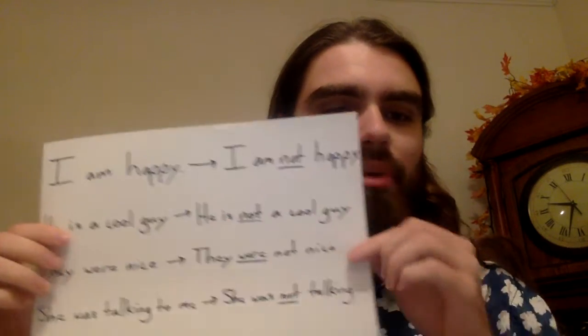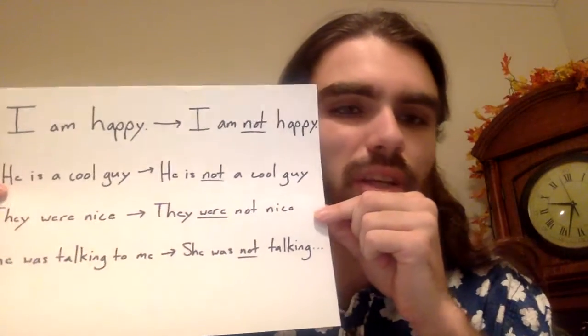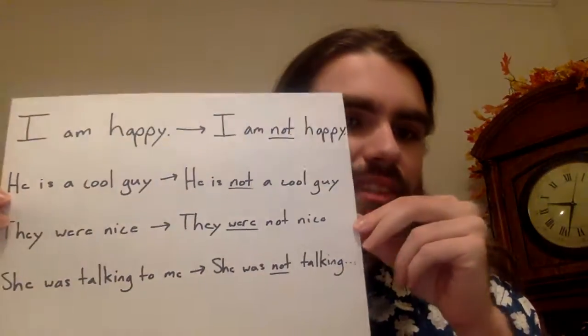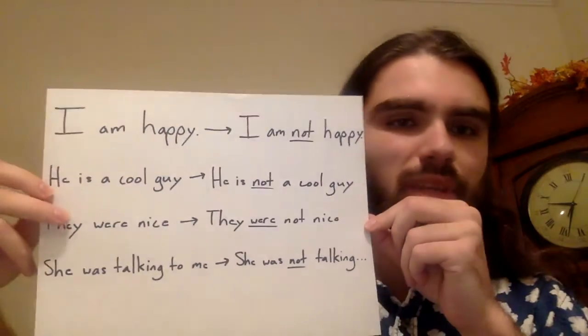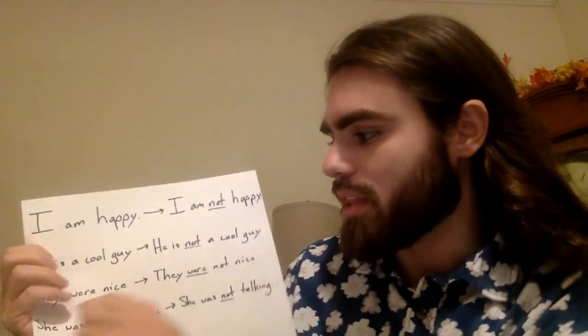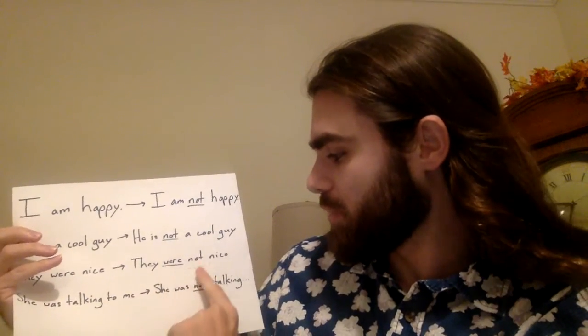So, some examples would include: I am happy turns into I am not happy. Very, very simple. All you need to do is put the word not after the verb be. Same with the second sentence. He is a cool guy turns into he is not a cool guy. They were nice to me turns into they were not nice to me.